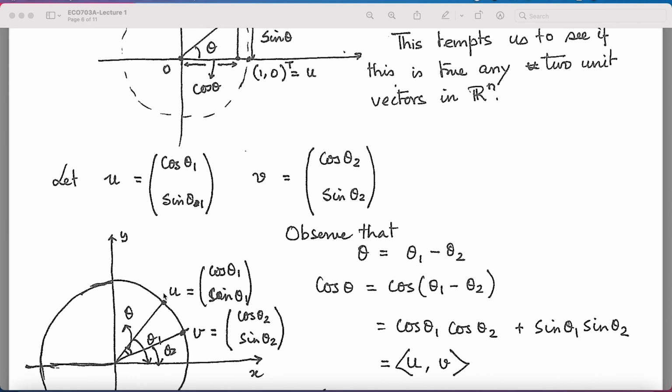One is making an angle theta 1 with the x axis, and v is making an angle theta 2 with the x axis. So, u is (cos theta 1, sin theta 1), of course, that is the coordinate, and v is (cos theta 2, sin theta 2), of course.